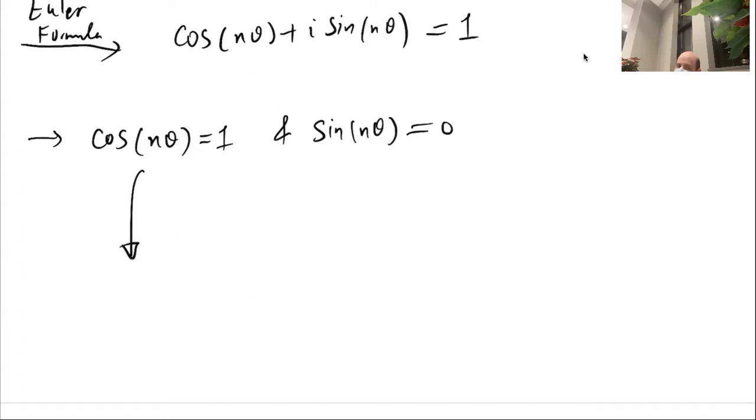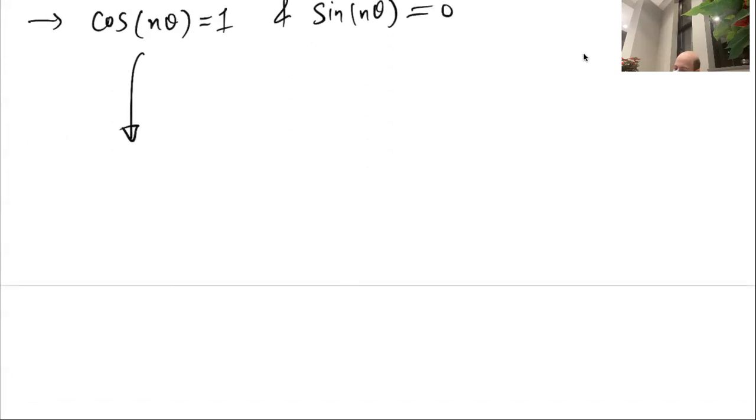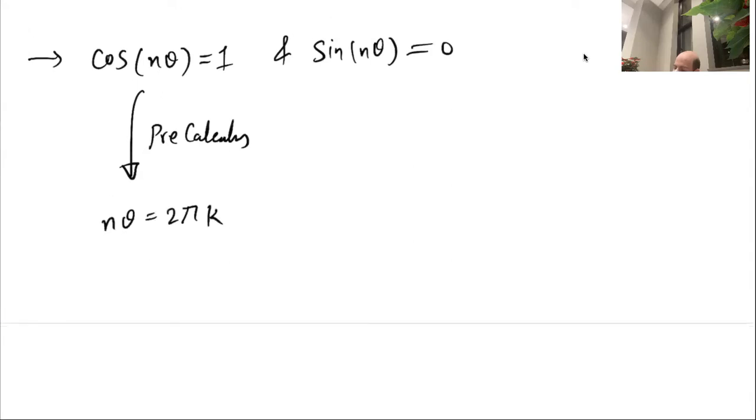You know from pre-calculus that if cos t, let's say, equals 1, that means t is equal to 2 pi k. From pre-calculus, we can say that n theta is equal to 2 pi k. And once n theta is equal to 2 pi k, sine n theta will be automatically 0 as well, because sine 2 pi k is 0.